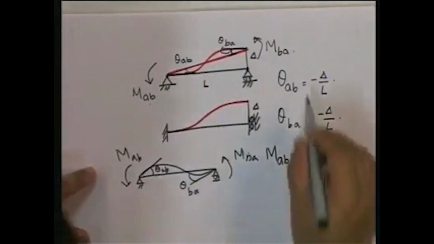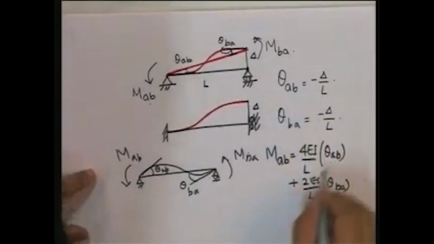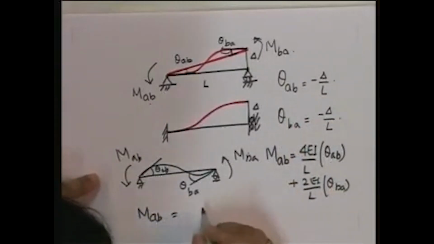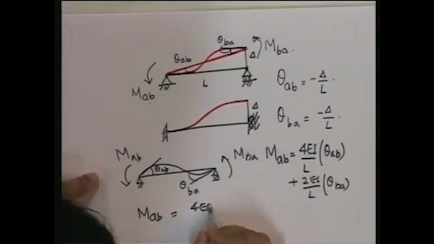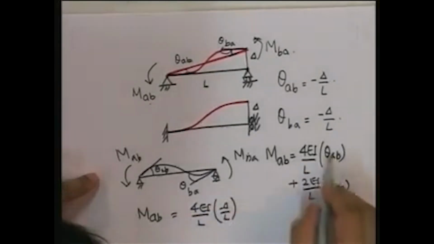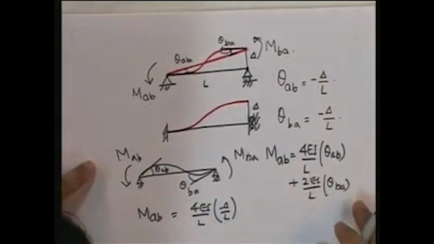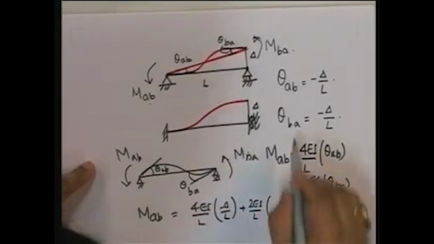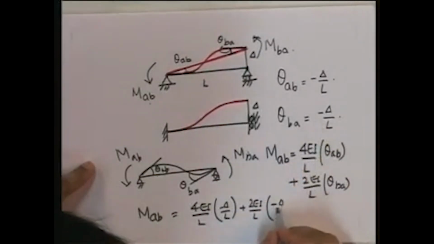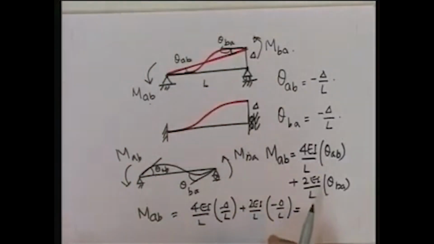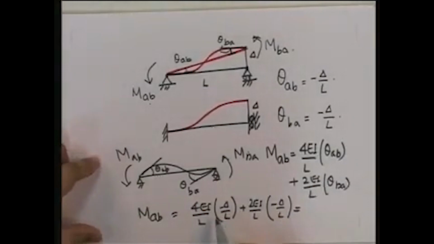So just substitute the values of theta AB and theta BA in here, you will see that MAB is equal to 4 EI upon L into minus delta by L. Note that theta AB is minus delta by L, plus 2 EI upon L, theta BA is also minus delta upon L. So plug that in, and what do you get?